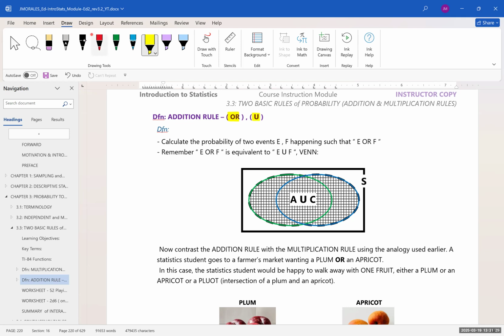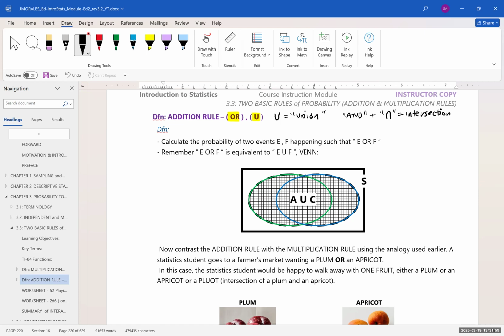So you can think of, or, this symbol, which looks like a U, stands for union, whereas by contrast, when we're talking about intersections and the word and, we would use an upside down U to mean intersection. Okay. So let me show you how the addition rule is a little different.